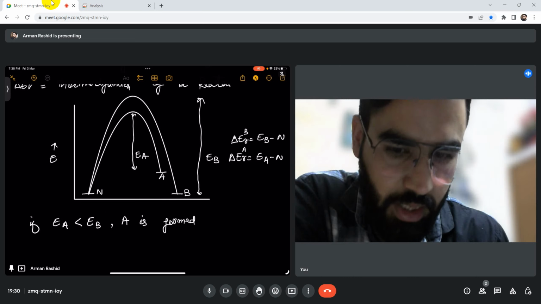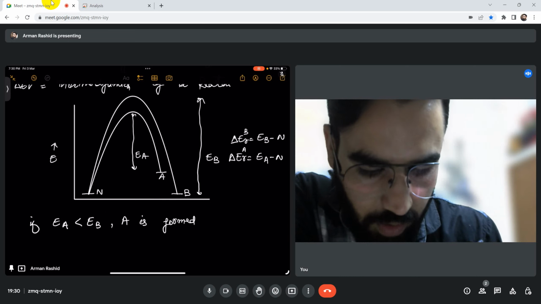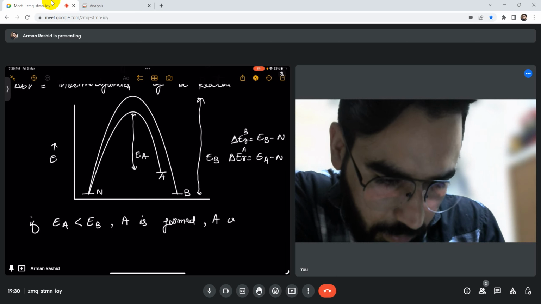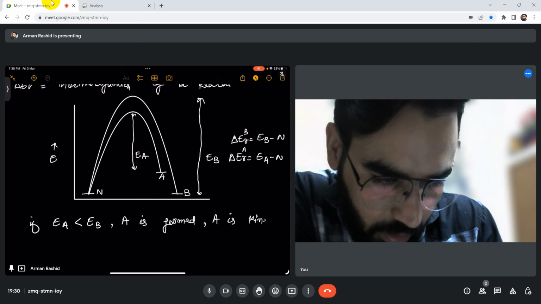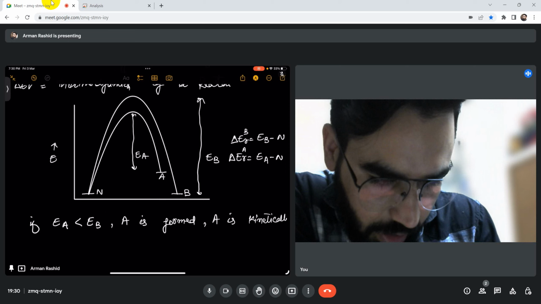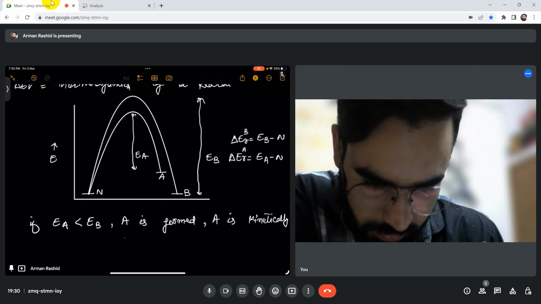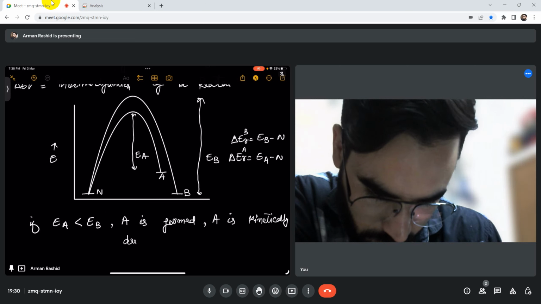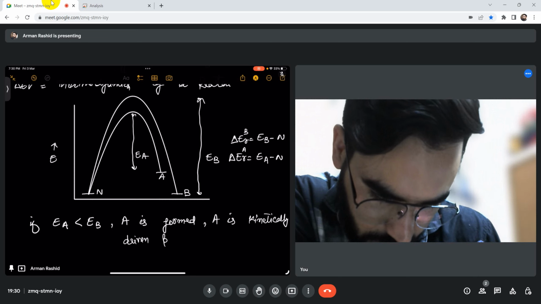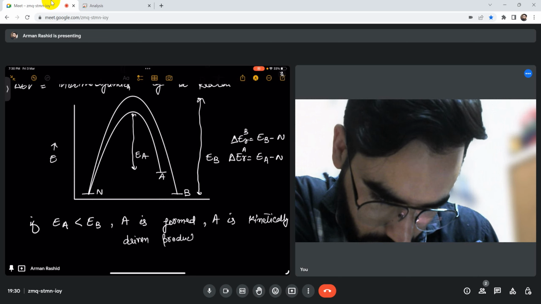Now if we see in this system that A is formed, then A is the kinetically driven product here.